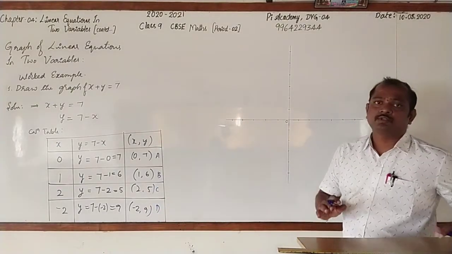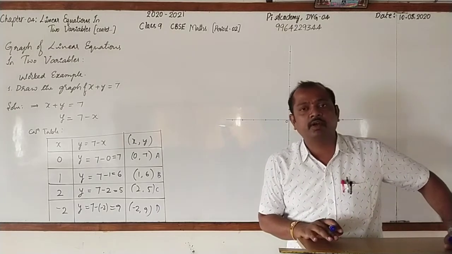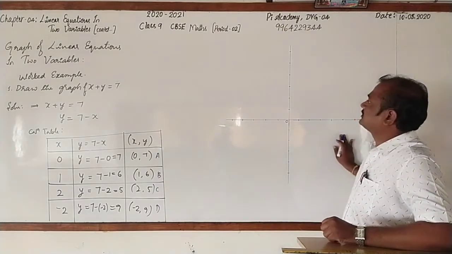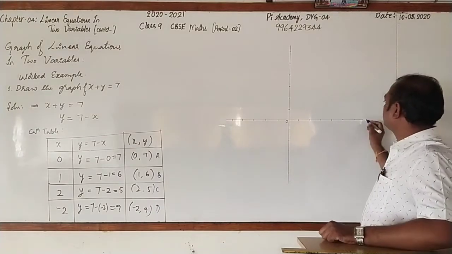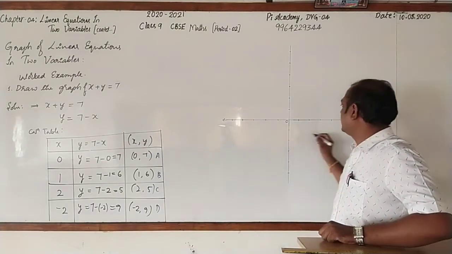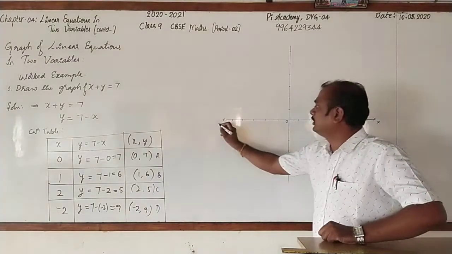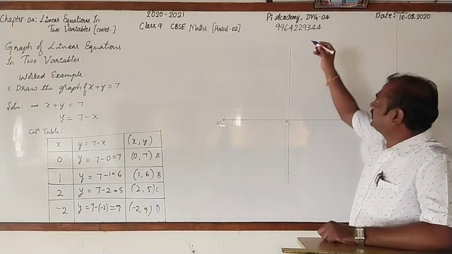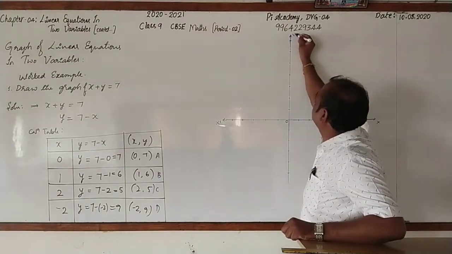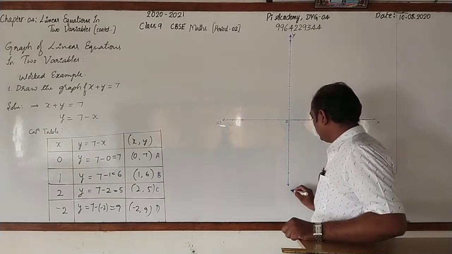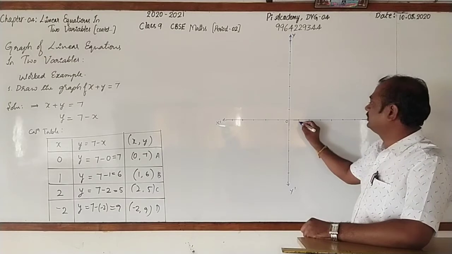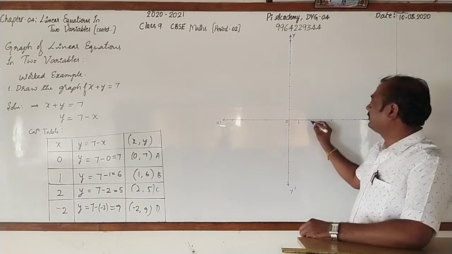Next, you have to use the graph sheet, nothing but Cartesian plane. Then you will draw 2 axes. One is the horizontal line called x-axis and is denoted as x, O, x dash. And the vertical line is called y-axis, is denoted as y, O, y dash. The right side of 0 are positive. You can go for numbering them like this.